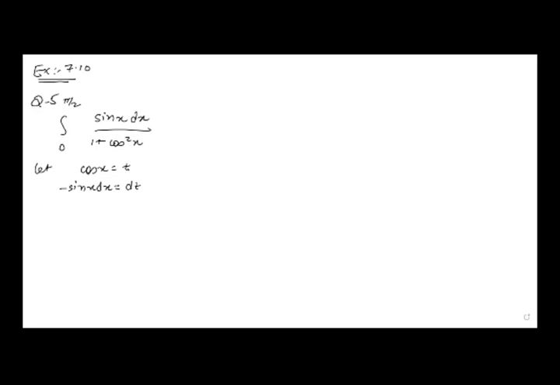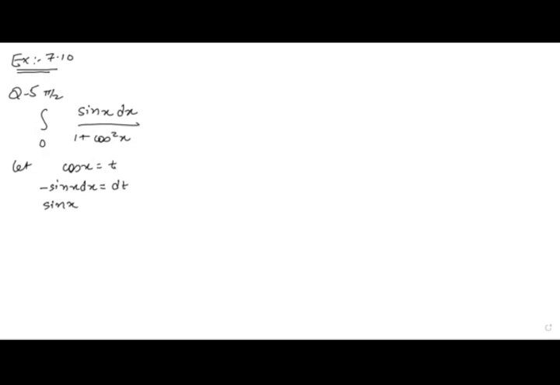So I can write sin x dx as minus dt. Also, if I keep the value of x as 0, I will get the value of t as 1, whereas if I keep the value of x as pi by 2, I will get the value of t as 0.